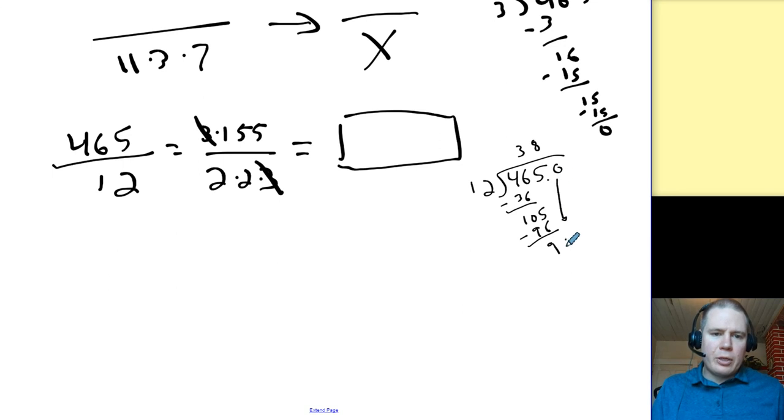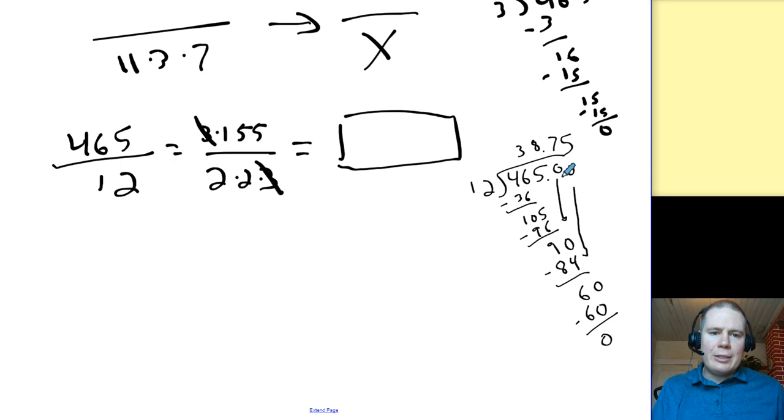But I can bring down a 0. 12 into 90, 96 is too much, so I'm going to put a 7 there. My decimal point was there, so it stays there. 12 times 7 is 84. Another 0. 12 goes into 60 5 times. 12 times 5 is 60 on the nose.